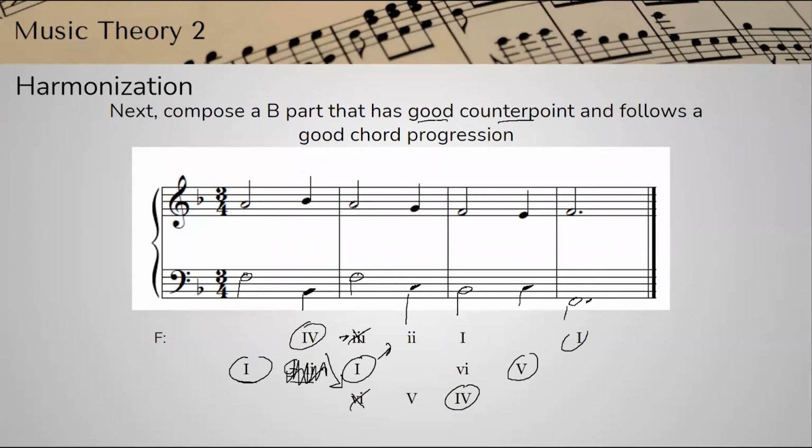But the problem that creates is parallel fifths between our bass voice and our soprano voice. So those are to be avoided even when you're writing bass lines and soprano lines, right? So that is not a good choice for this either. So that's another reason to use the 2 instead of the 5 chord. So let's write that in.